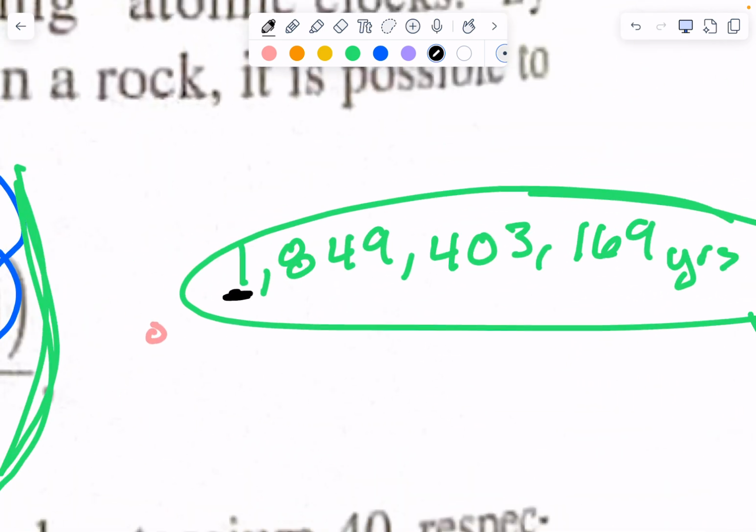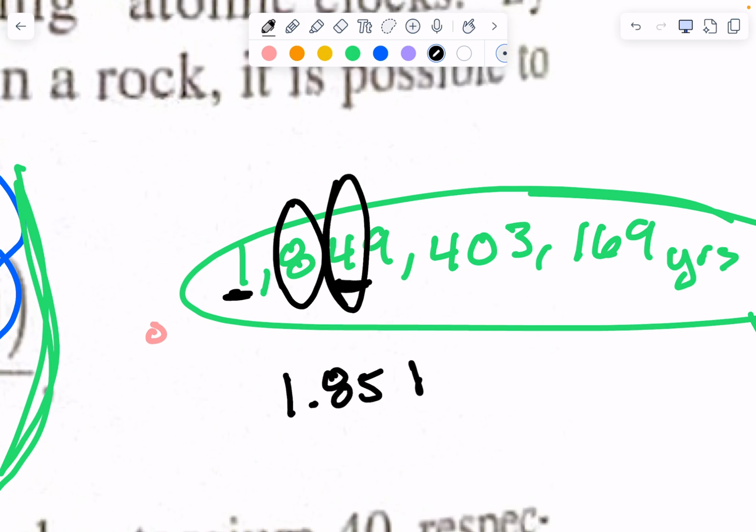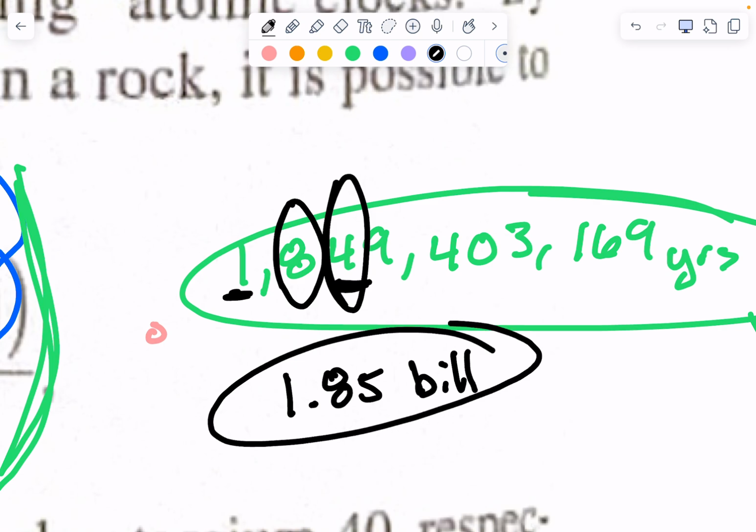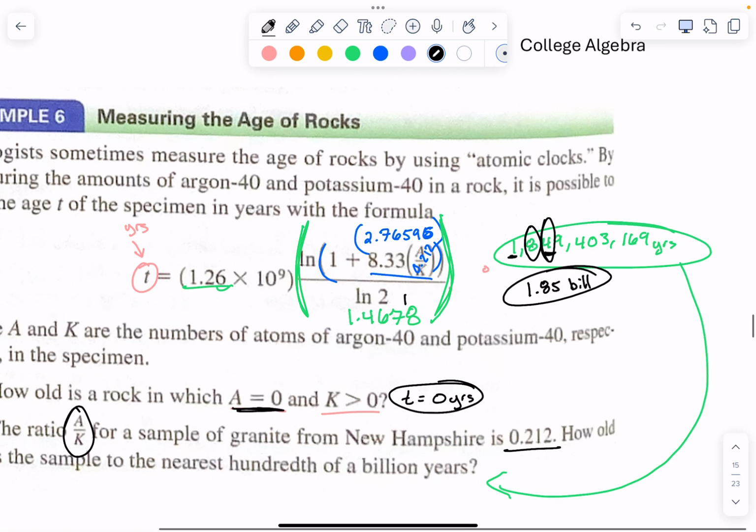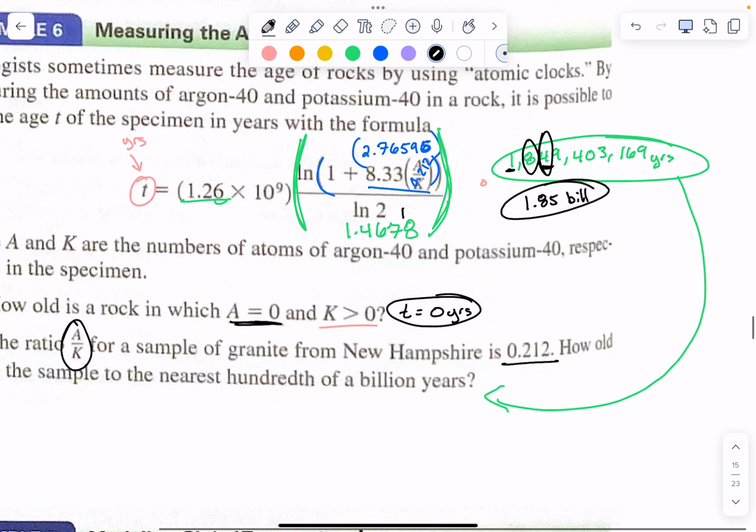The hundredth of a billion would be the 4, so 1.85 billion years. Because when you put it in decimal form, this is the 10th place, this is the 100th place, right?